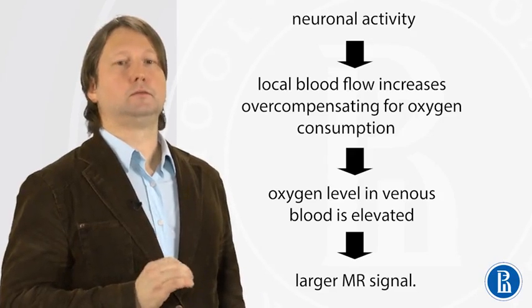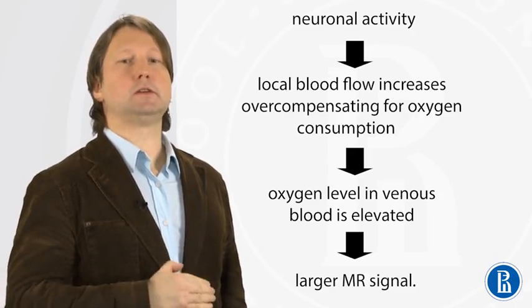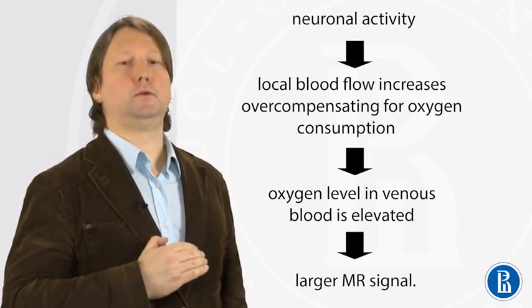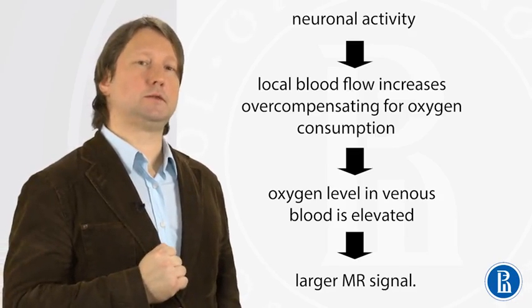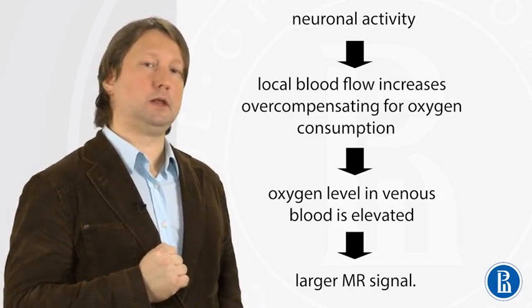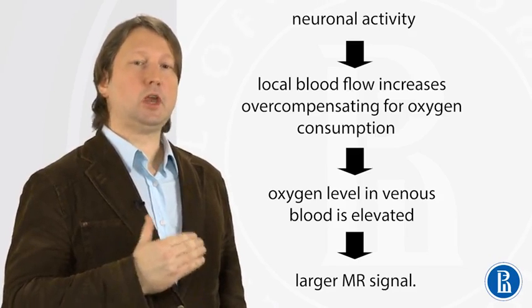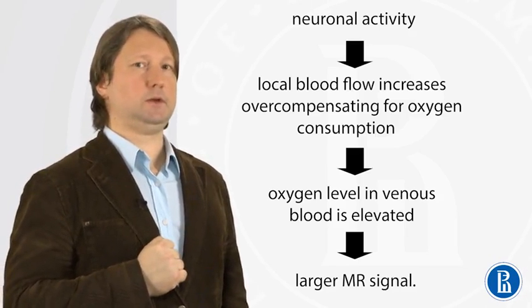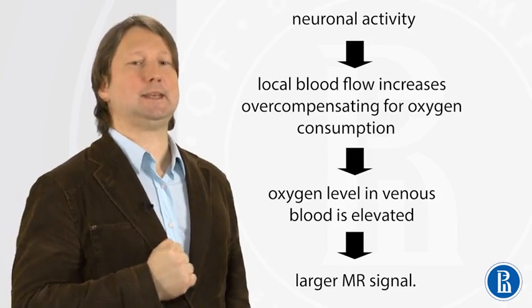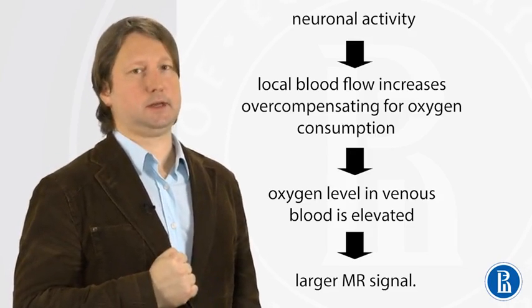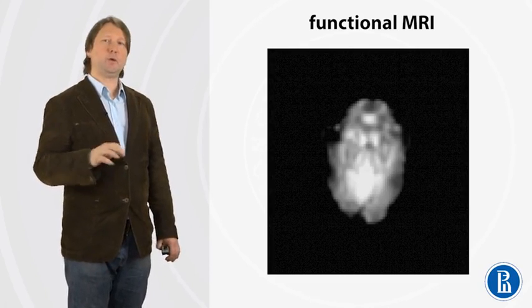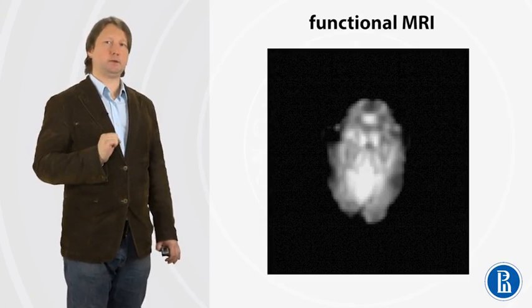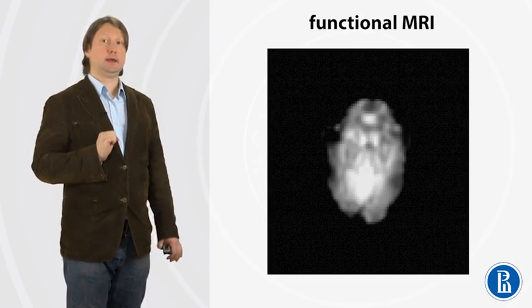So overall, neuronal activity triggers the local blood flow and an increase in the concentration of the oxygenated hemoglobin. It changes the magnetic properties of the region that can be detected as a large MR signal by the scanner.